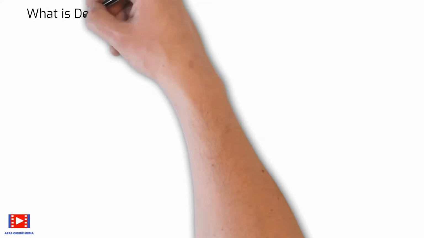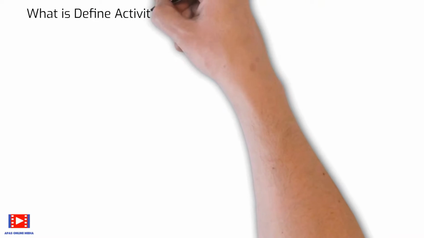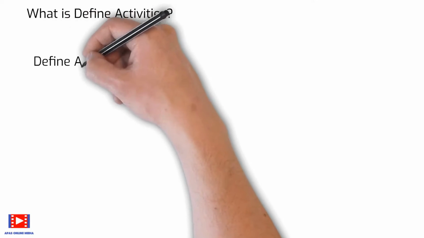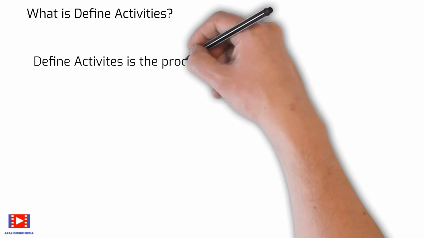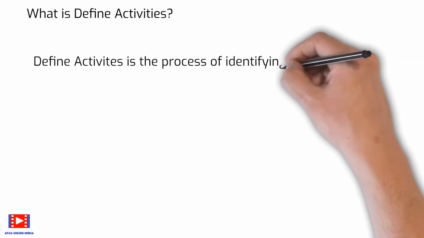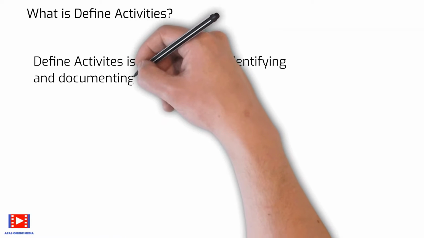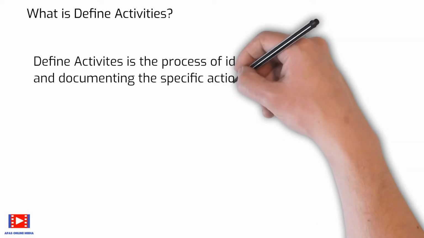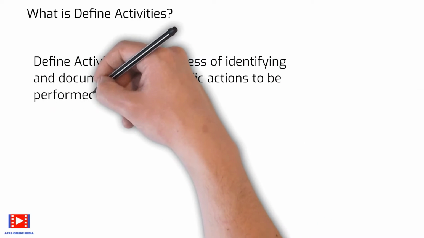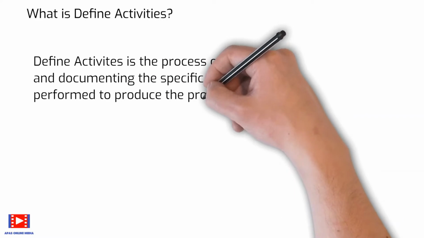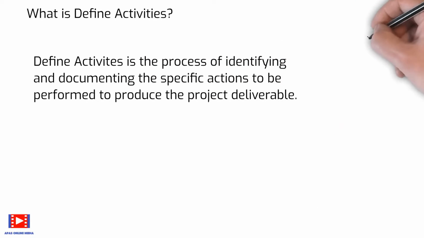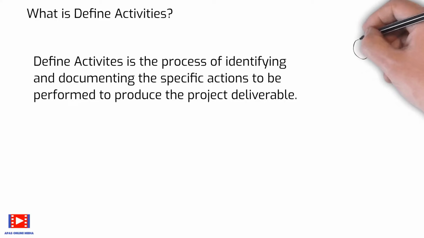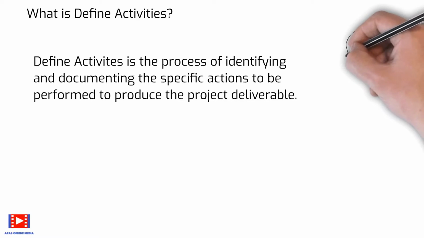What is define activities? Define activities is the process of identifying and documenting the specific actions to be performed to produce the project deliverable.